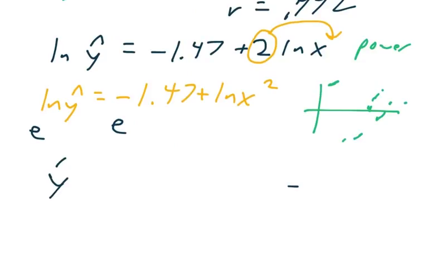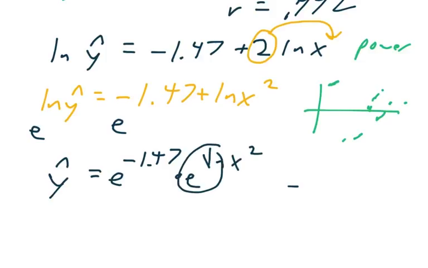So I got y hat equals e to the negative 1.47 times, because we can do the same thing we did in Friday's lesson, where we separate these, e to the ln of x squared. Well, the e and the ln cancel out, so we get x squared, and e to the negative 1.47 turns out to be 0.229 x squared.